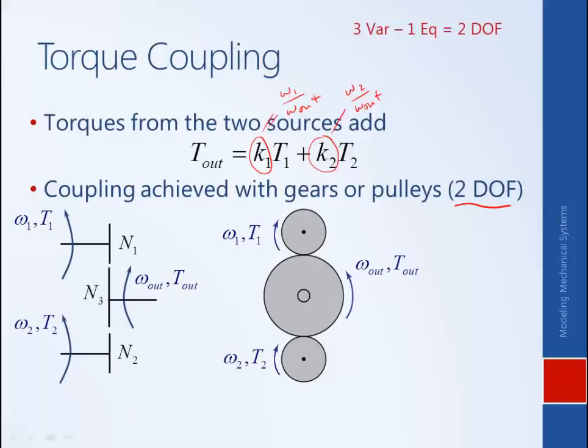And that comes from the fact that this relationship here, we have a single equation with 3 variables. And 3 variables minus 1 equation equals 2 degrees of freedom. And so what that means is, in essence, we can set the torque of the IC engine to be whatever we want, and we can set the torque of the electric motor to be whatever we want.